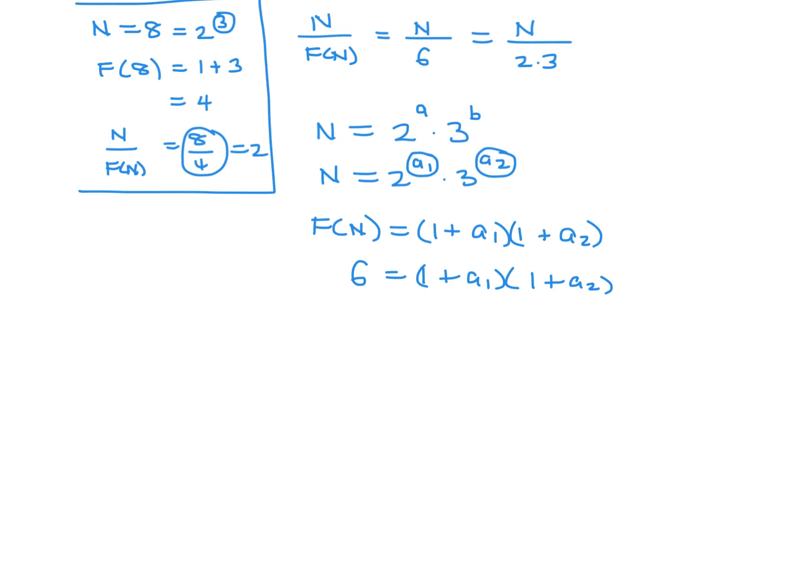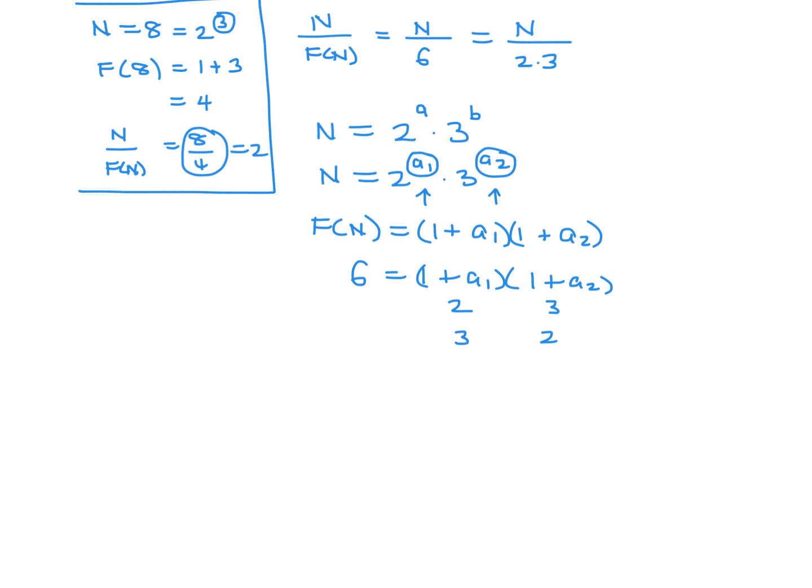At this point it's pretty straightforward. We can either have a 2 times 3 scenario or a 3 times 2 scenario, because you can't have 1 times 6. One of those would mean an exponent would be 0, and you can't have that, because both a1 and a2 have to be at least 1. So a 6 and 0 scenario will not be possible.